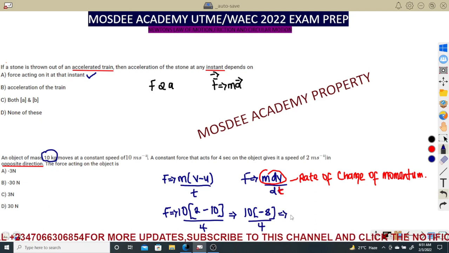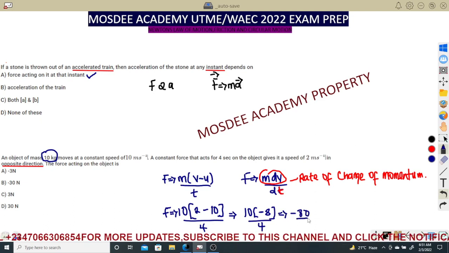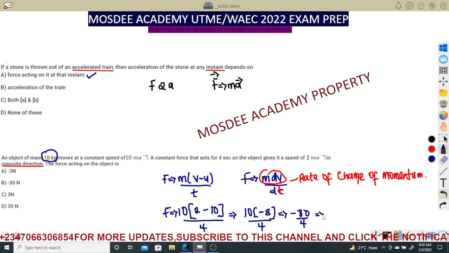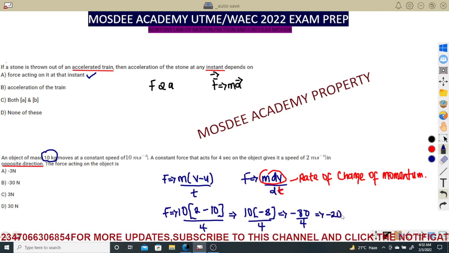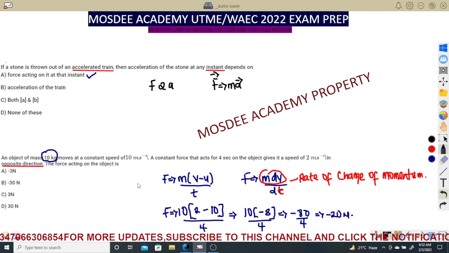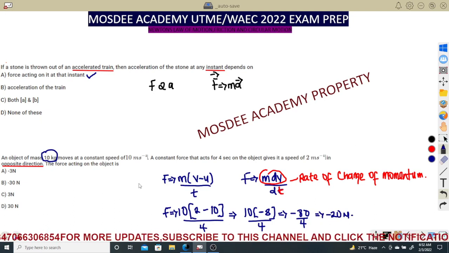So this is equal to negative 80 over 4, and that should give us negative 20 Newton. So let's see if there is a mistake or I have a mistake of interpretation.